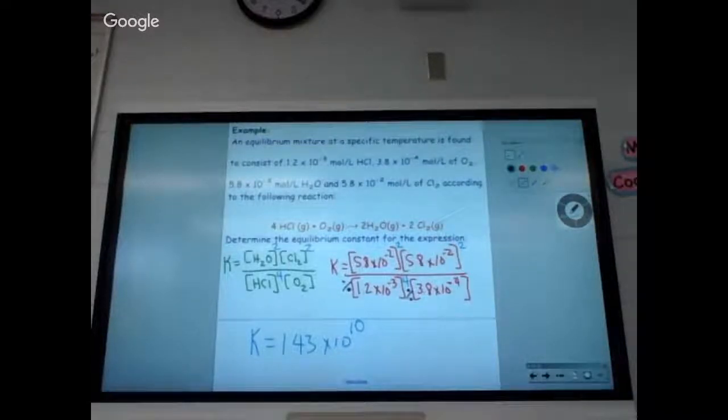Divide. 1.2, second EE, negative 3. You need to put in your negative 3 exponents. Now raise that to the 4th. Okay, now divide by your next number, 3.8, second EE, negative 4.